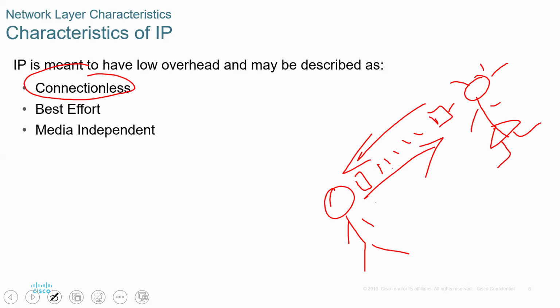Now, this kind of setup is called the connection-oriented method. Connection-oriented means that the source and the destination, the sender and the receiver, have to be in synchrony before transmission of data begins. But connectionless is the other way around.